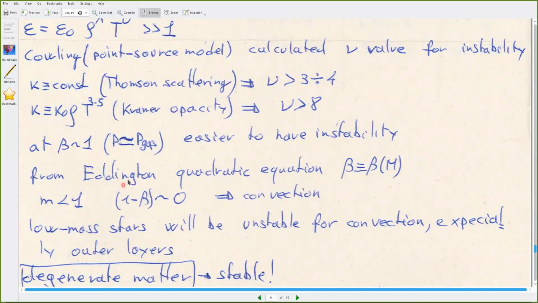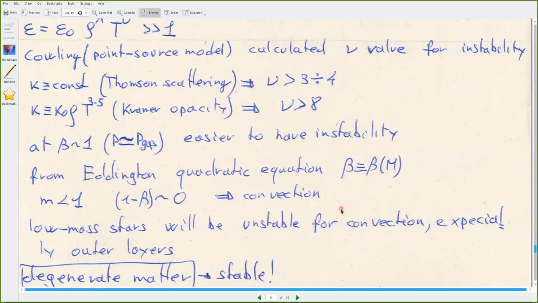From the quadratic Eddington equation, we know that beta is a function of the total mass of the star, supposing that beta is almost constant in the star. So for masses less than 1 solar mass, this value is almost 0, so we should have convection.